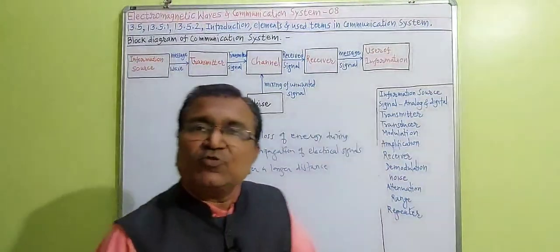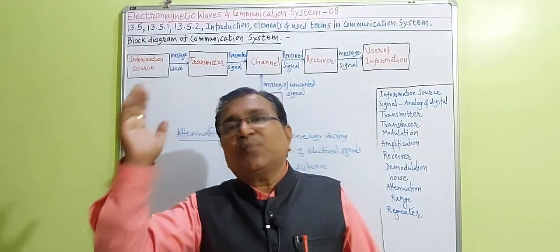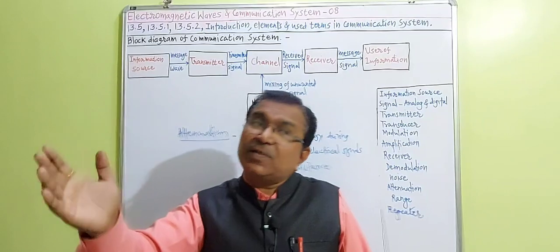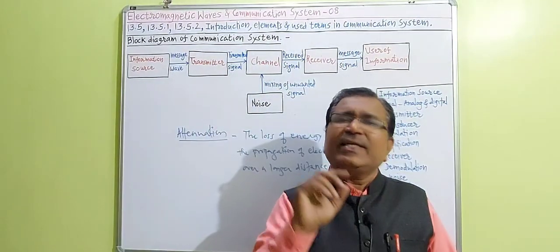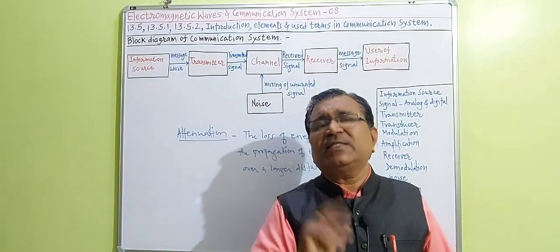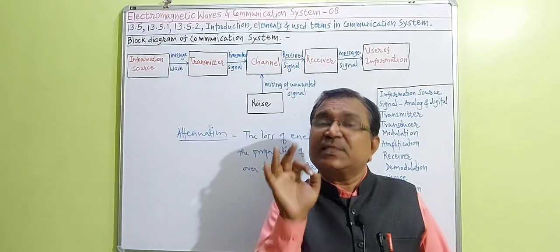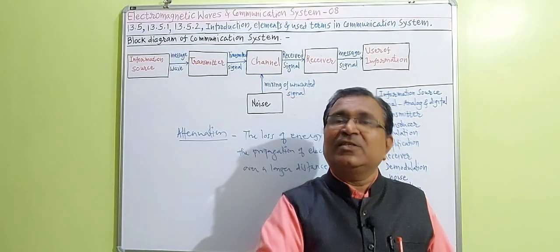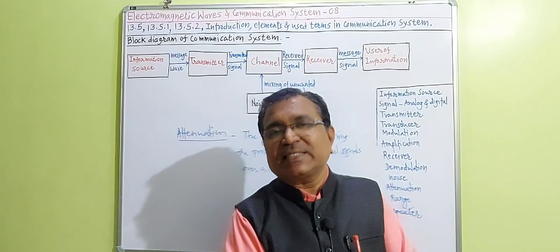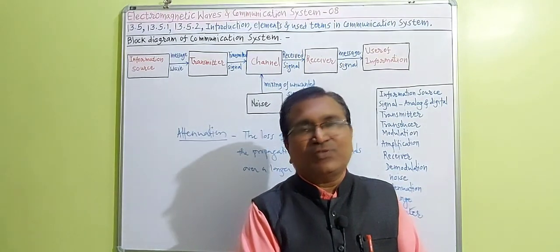Energy is lost during the propagation of the electrical signal from transmitter to receiver. The energy is lost, the strength is lost. This loss of strength, this loss of energy during the propagation of the electrical signal, we call attenuation.